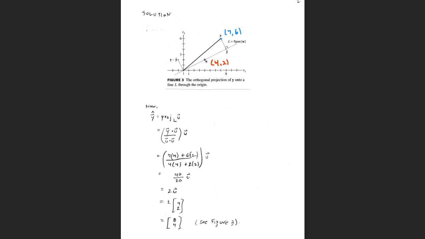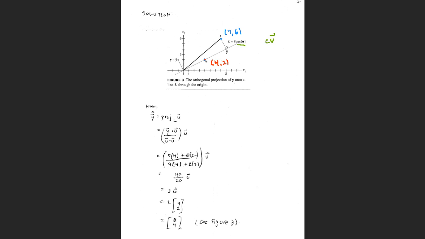So you see, when you have the span of the vector u, that's just all multiples of the vector u. And so what's the subspace going to look like?